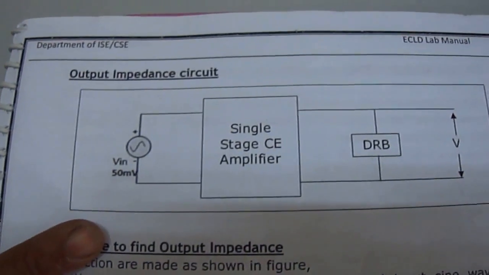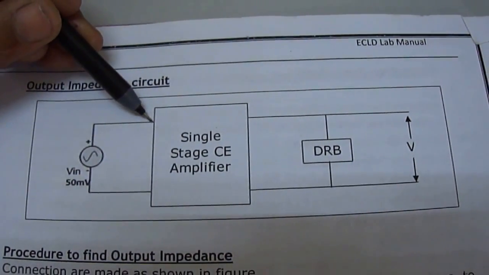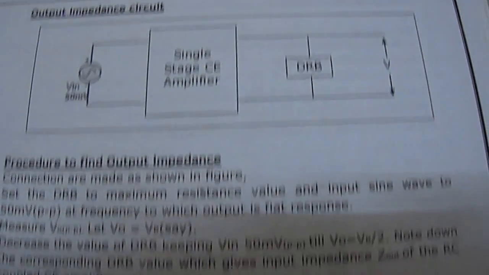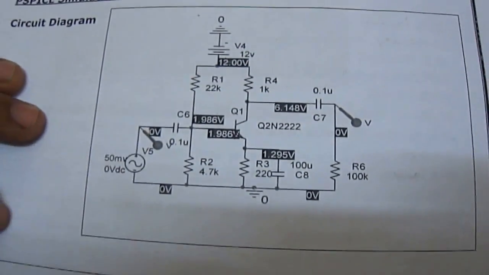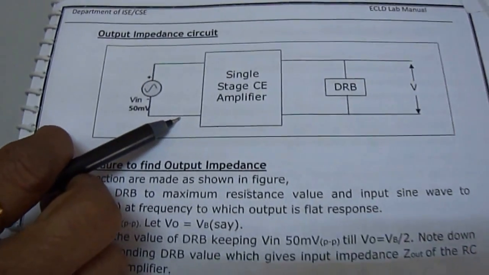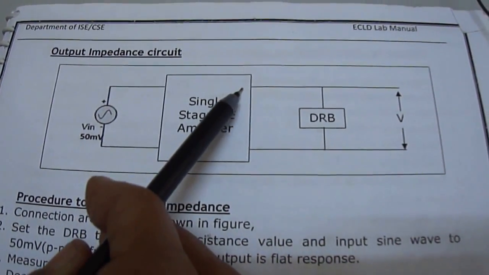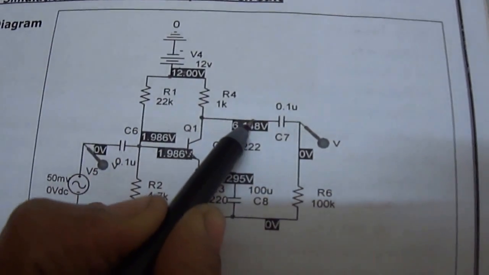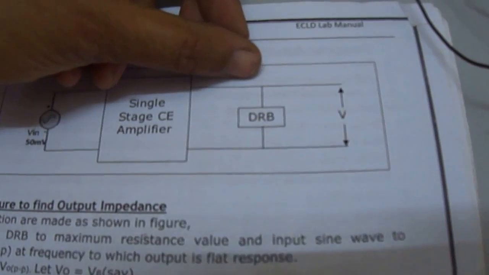Next we connect the output impedance circuit. So this is the circuit diagram of output impedance. In this, AFG positive is connected to the single stage CE amplifier. That means this AFG positive is connected to the capacitor first terminal, this point. Then AFG negative is connected to the ground. Then next is the output of the CE amplifier.